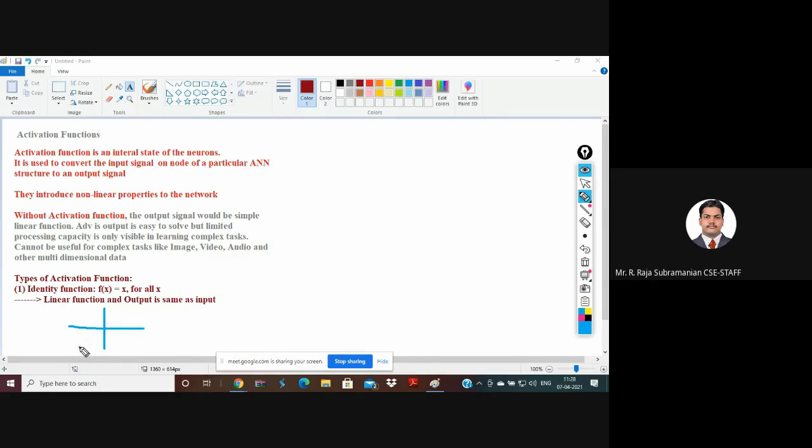You can draw a straight line as far as possible. So this is an activation function with identity notation. Whatever x is, y will be also. So it will be a straight line passing through the origin, where for whatever x, the corresponding y will be there. It will be a straight line at a 45-degree slope, right? So let us go for the other types of functions.